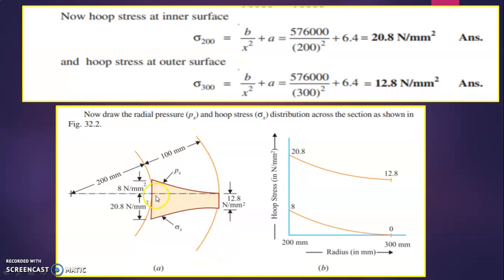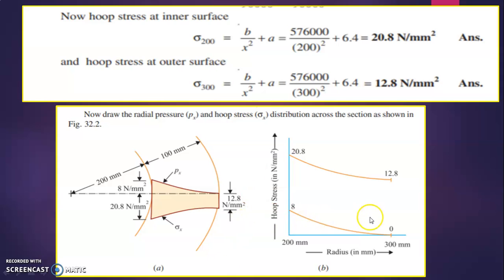Now we have the pressure at the inner surface. For the radius 200, the inner pressure is 8 Newton per millimeter square, and for the outer radius the pressure is always 0. It is given in the problem.